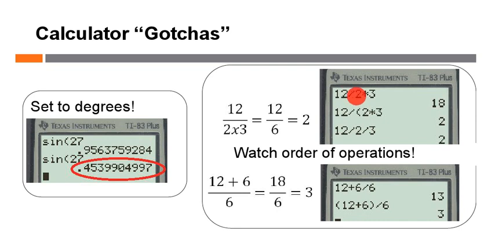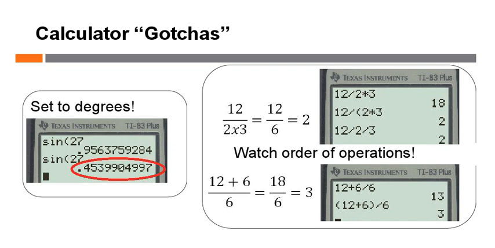So thinking about this top one and why it's wrong, calculator sees 12 divided by 2, and it says, well, 12 divided by 2 is 6, and then right here times 3 is 18. It does order of operations. It says multiplication, there's a division, there's a multiplication, it's all the same importance. Just do it left to right. You get the wrong answer.